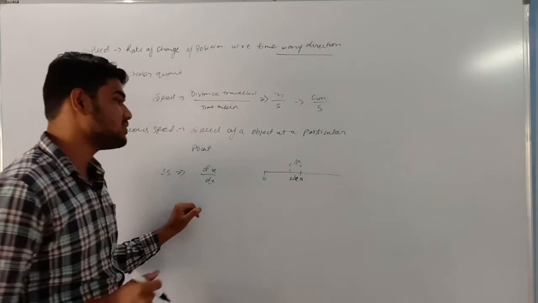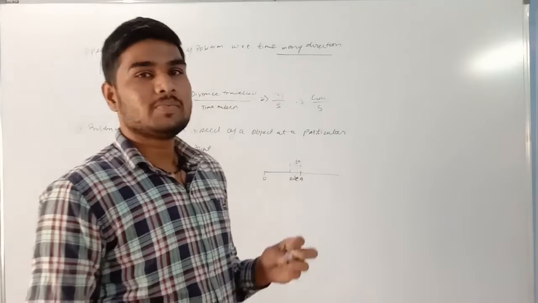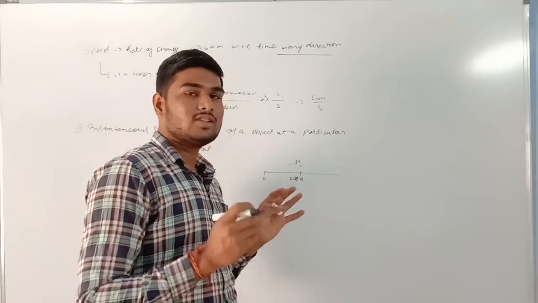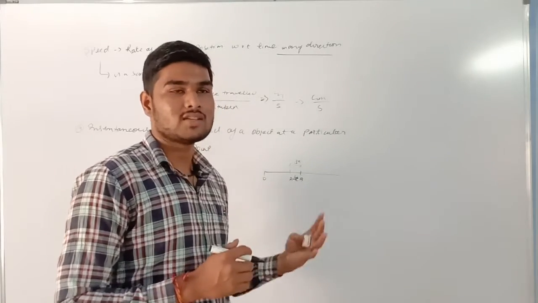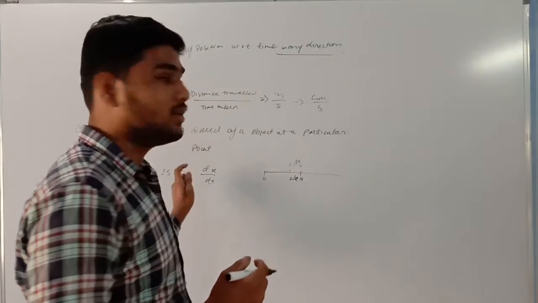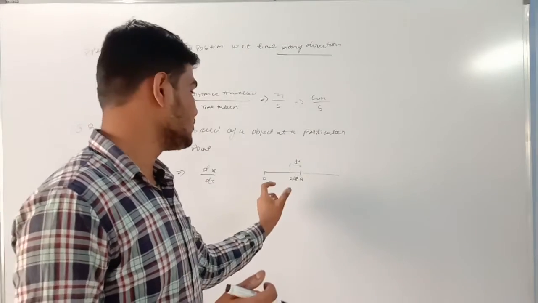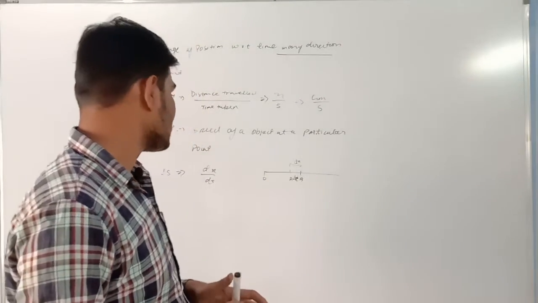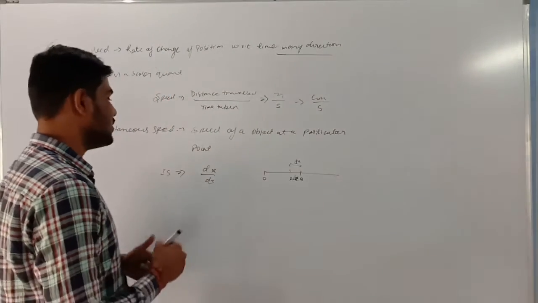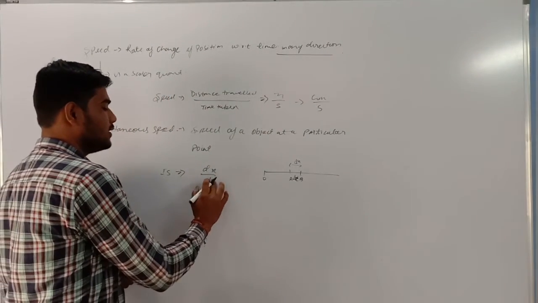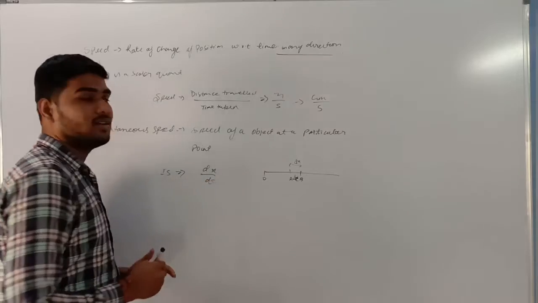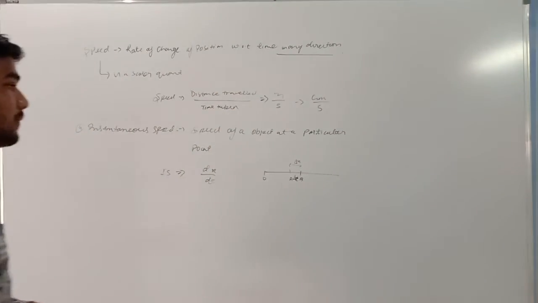Why are we considering small? Because speed can't change by a very large amount in a very small interval of time. That's why we consider delta x, a small interval of change. So the formula is delta x upon delta t. That is the instantaneous speed.